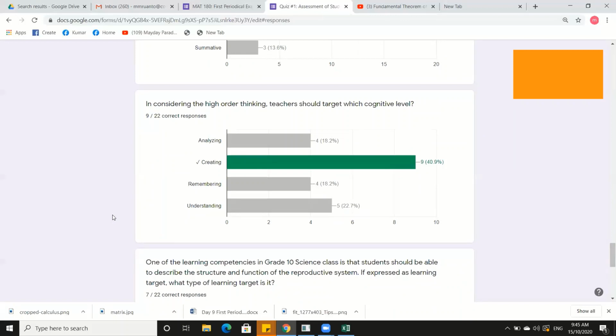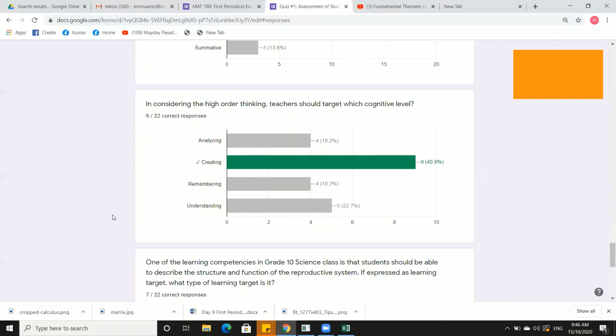Okay, in considering higher order thinking skills, teachers should target which cognitive level? So definitely, we will go with the highest, and we know that the highest is creating.